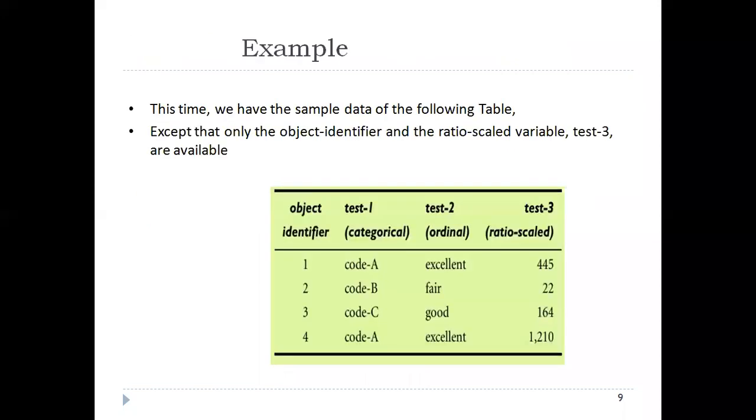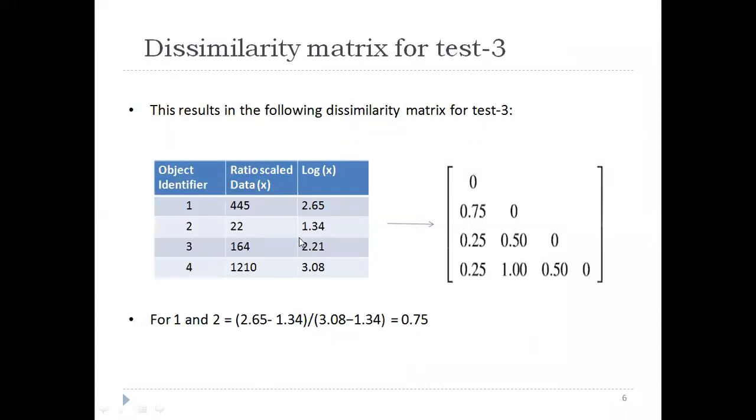Let's see how it works when you take a logarithmic transformation. For this we'll be using test 3. You take a log of the values. We had 445, and when you take the log of this, it becomes 2.65. The next becomes 1.34, and it goes on.